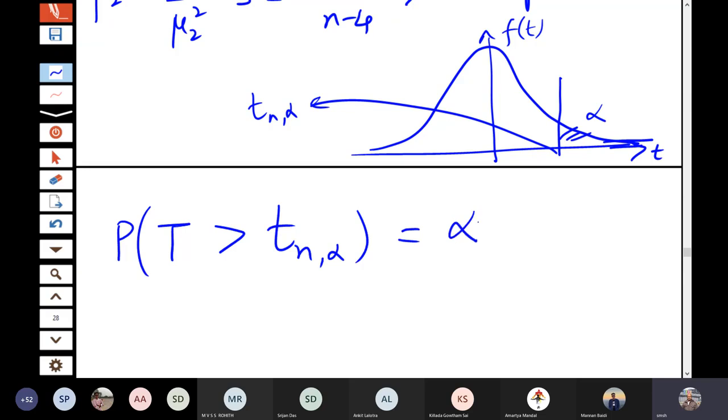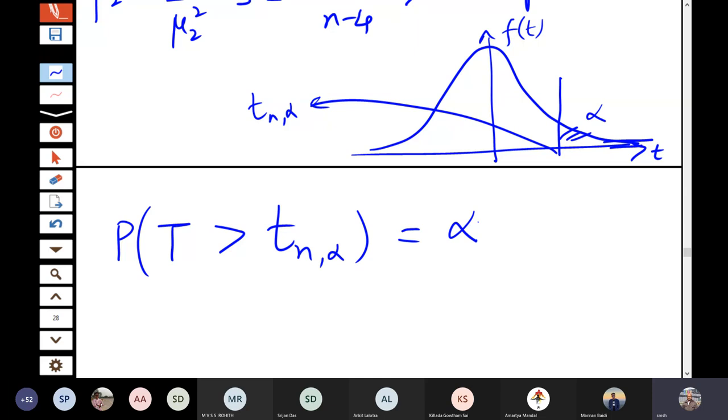So the tables of Tn alpha, they are tabulated. I mentioned to you the tables of chi-square. Similarly, you can see the tables of t.